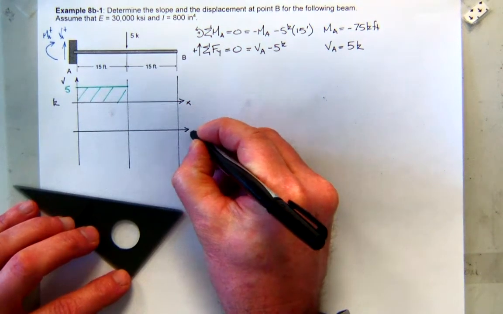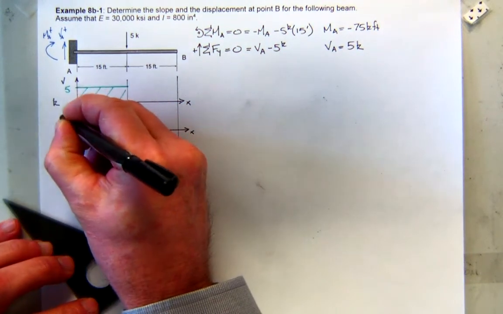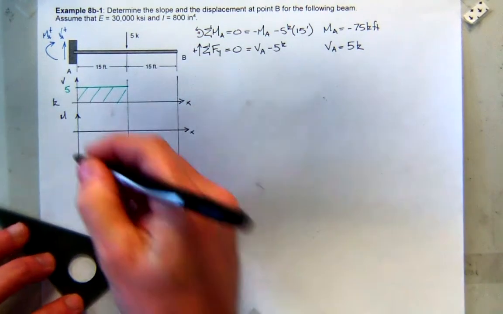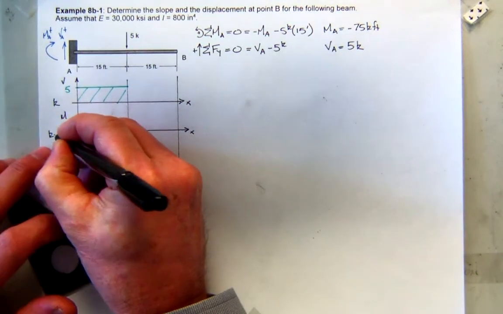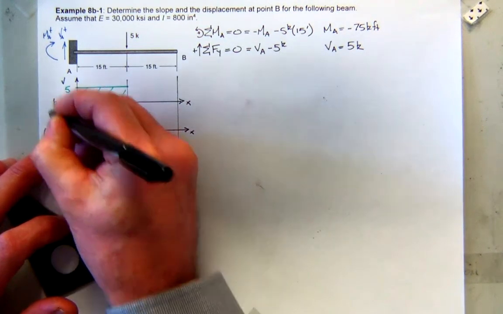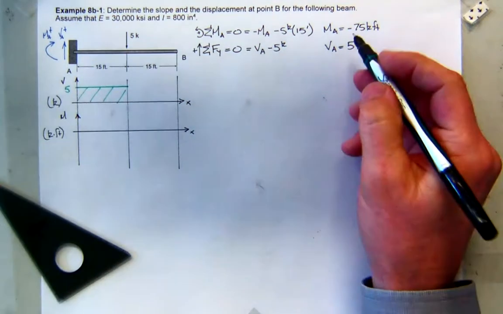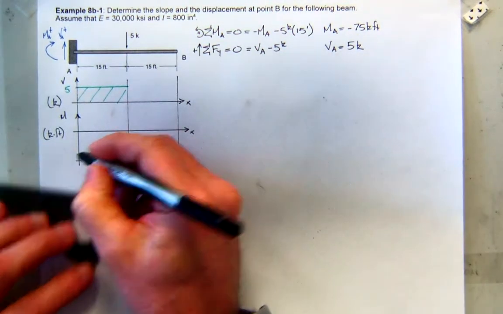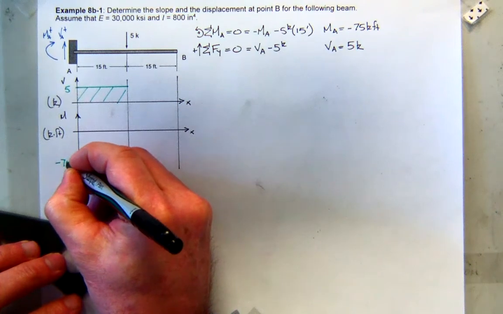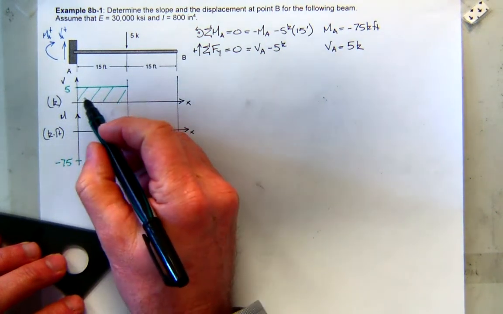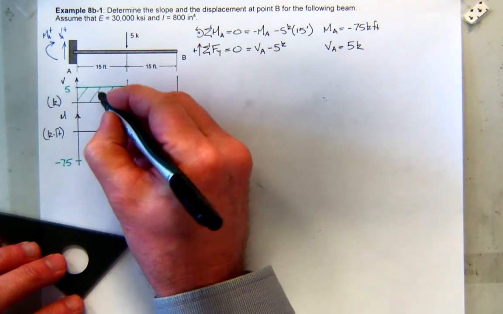Then I will look at my positive moment, positive x-axis, and I'm going to do this in kip feet for my units. Looking at our moment, it starts off at negative 75. The change in moment over the first 15 feet is the area in the shear diagram, which is positive.